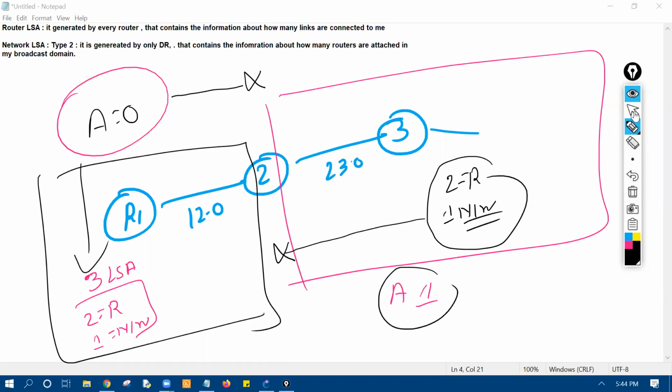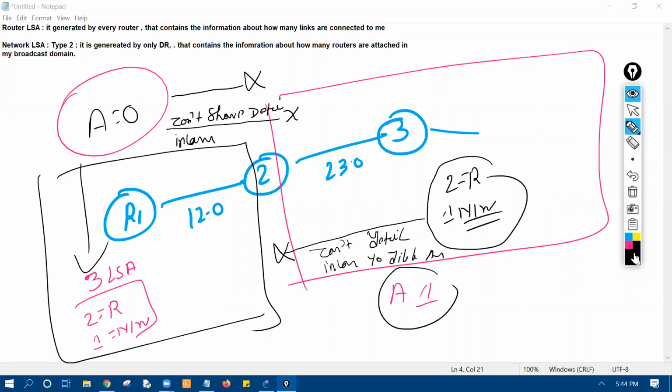In simple language, whatever information we have in area 0, I cannot share the detailed information to a different area. Same thing the other way around.